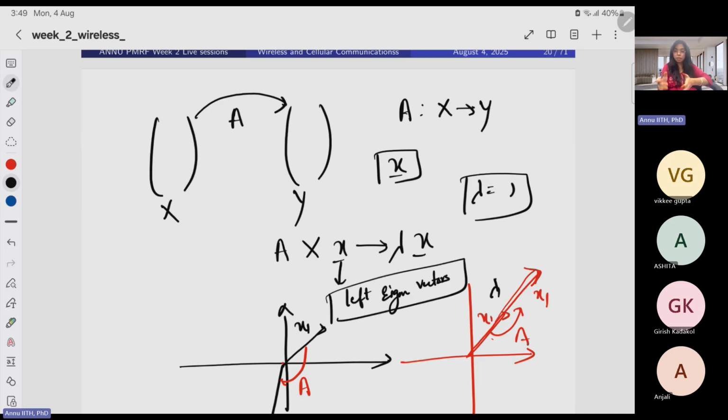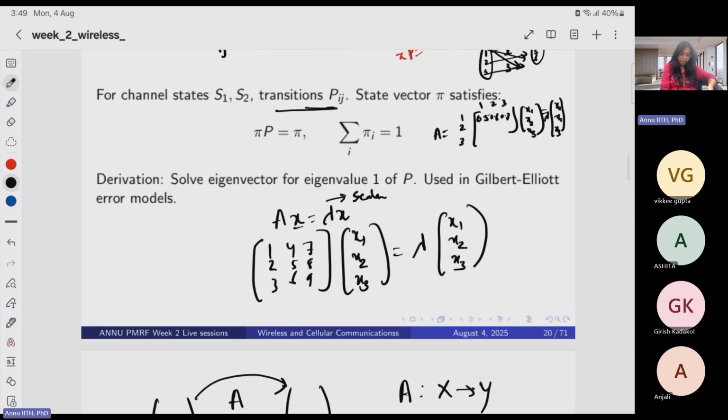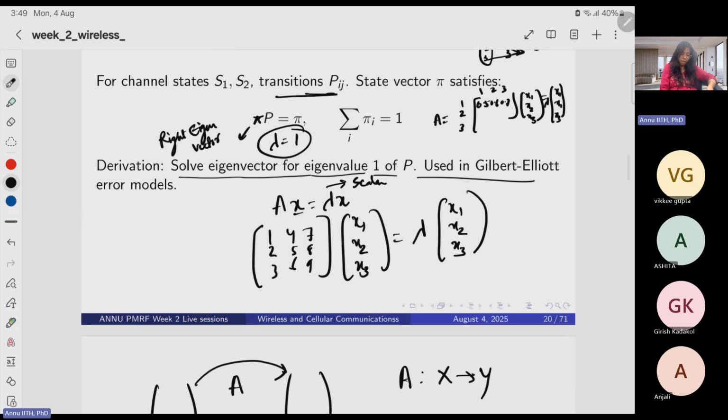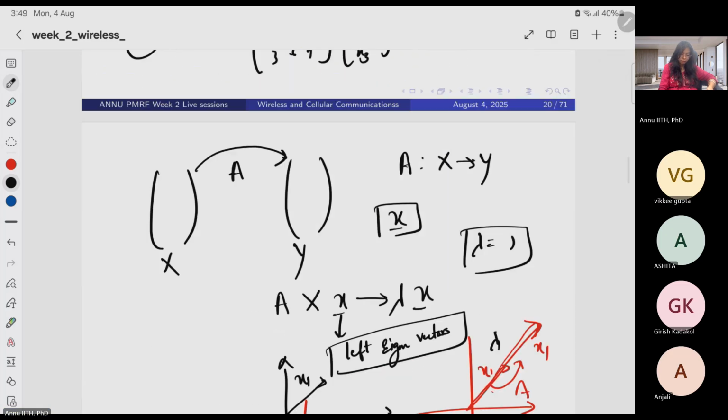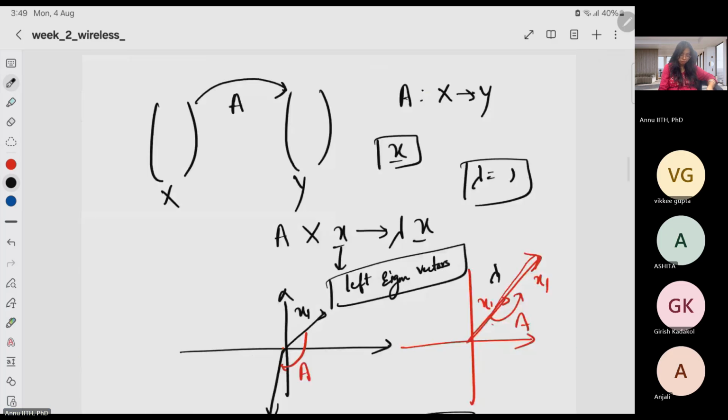Because it is to the left of the transformation matrix A. Once it is on the right side, it is called the right eigenvector. And lambda is fixed, which is 1, unity. So solve the eigenvector for eigenvalue 1 for P, and you will get the state vector pi. It's a very, very good concept.